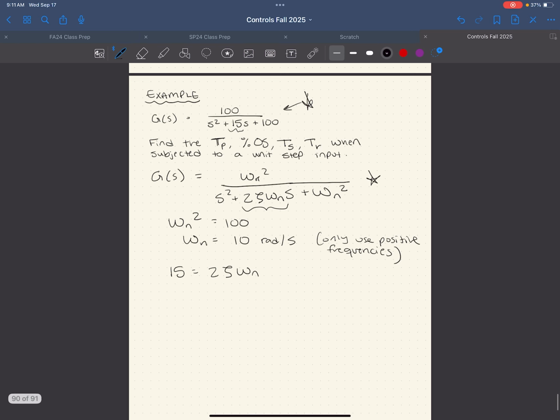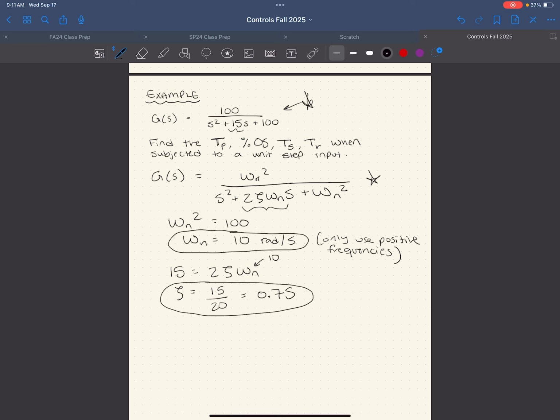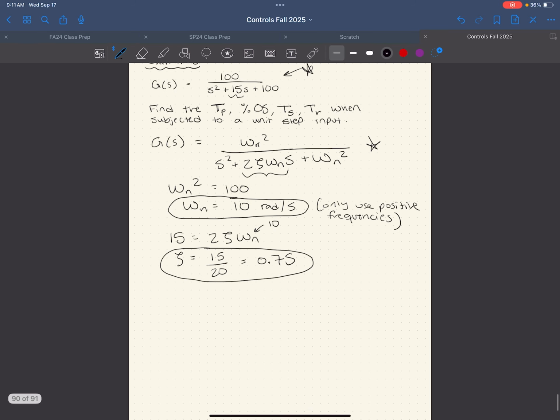I know that omega n is equal to 10, which means that zeta has to equal 15 over 20, which is equal to 0.75. So these values we will plug into all of our equations for the peak time, percent overshoot, settling time, and rise time. It really is as simple from here on out as plugging and chugging in these equations.